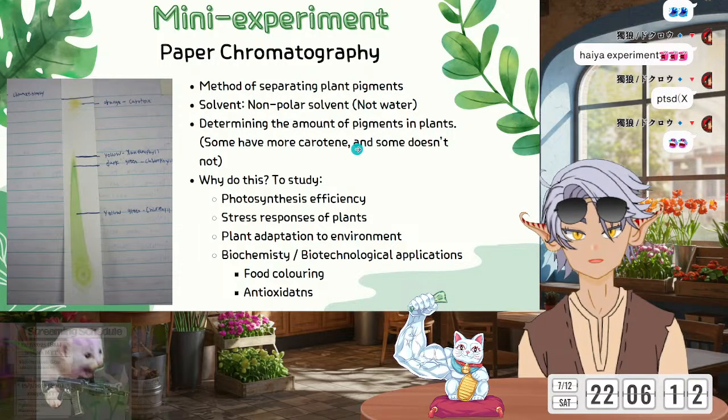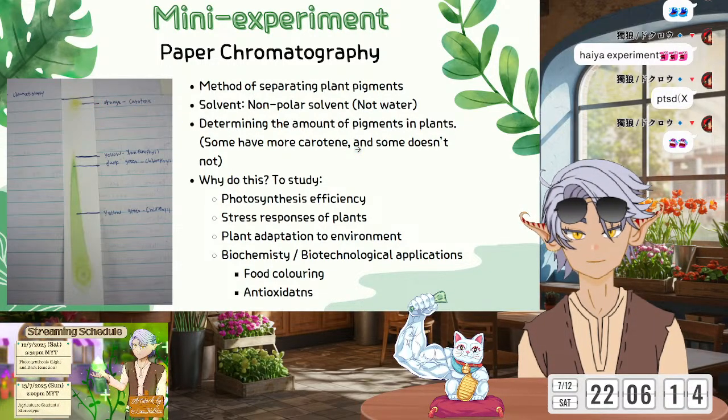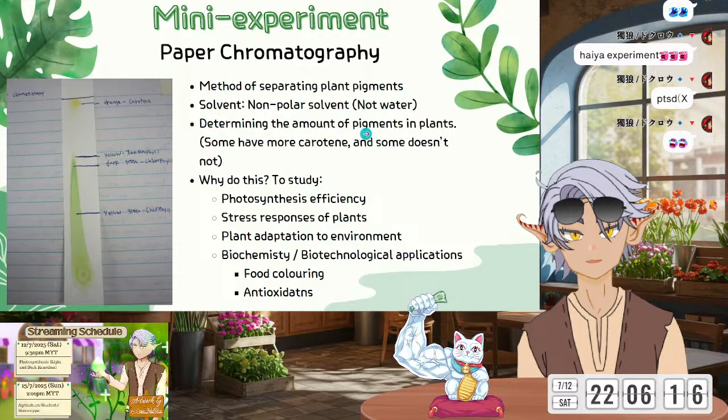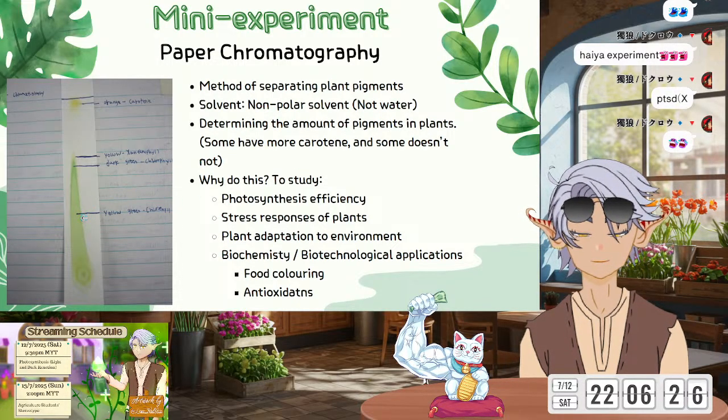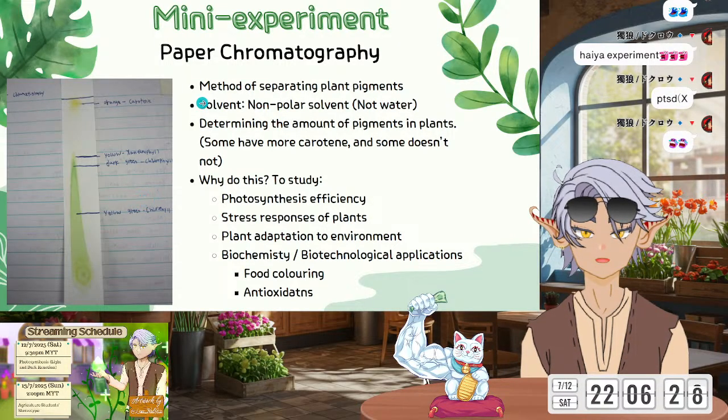Okay, so why do we need to do this experiment? Based on my research, it is to study the photosynthesis efficiency of the plant. Some plants have more chlorophyll A, some have more carotene, different.